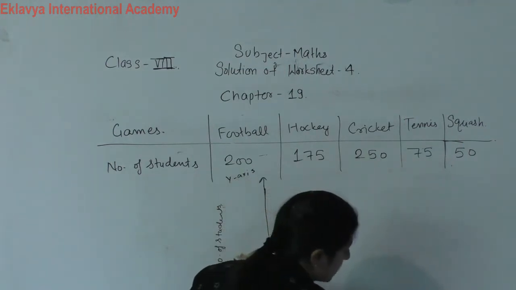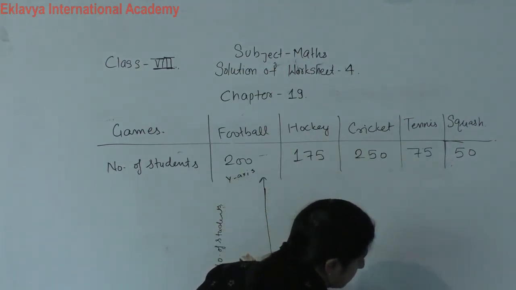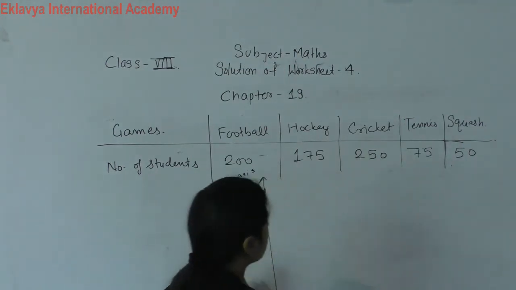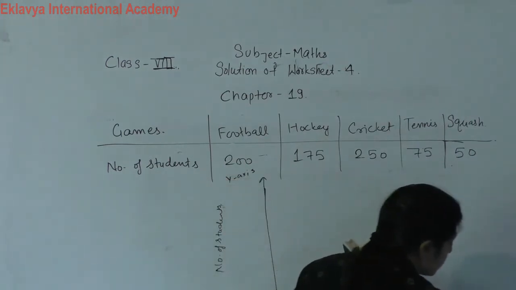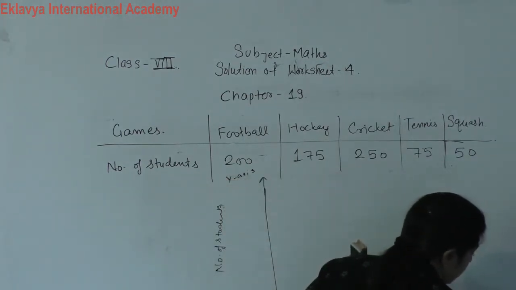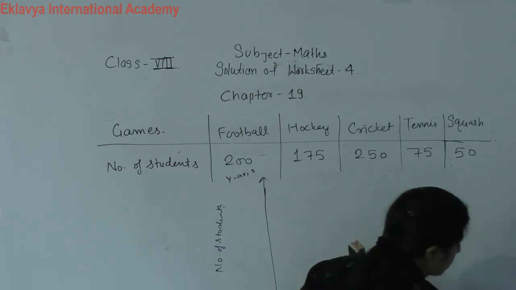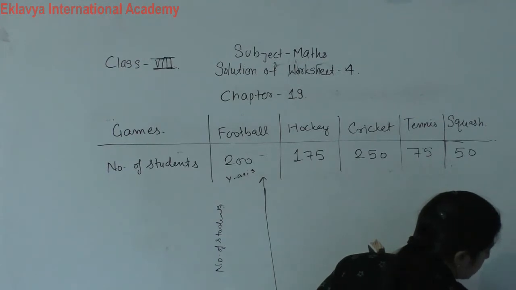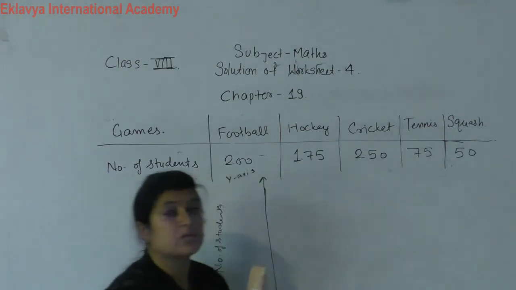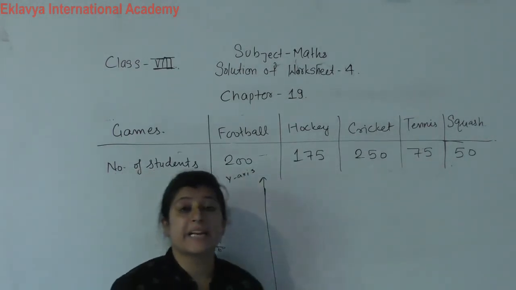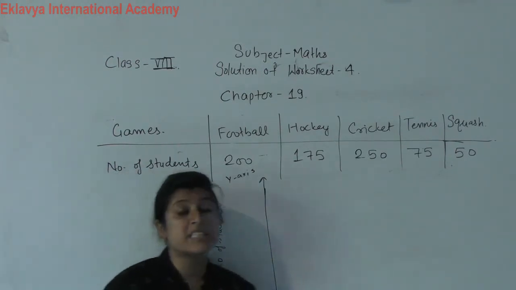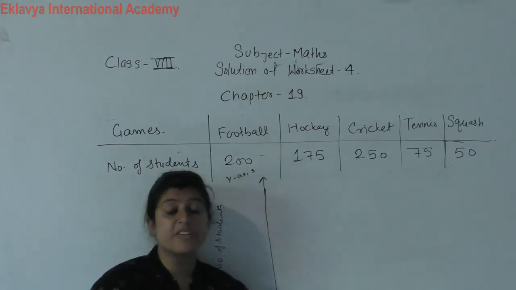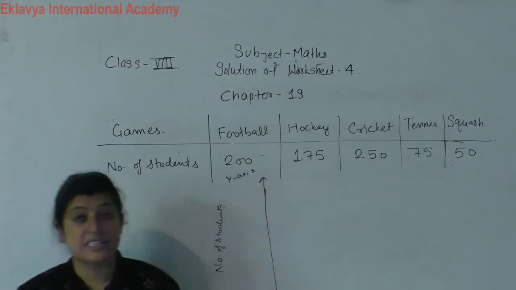Then leave this space and then cricket. After this, leave this space, next game, tennis. Leave this space, then this one is squash. So in a bar graph, just keep in mind that your gap should be the same and the width of each game also should be the same.